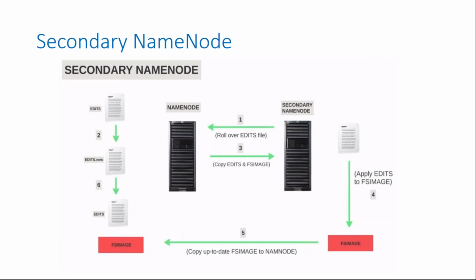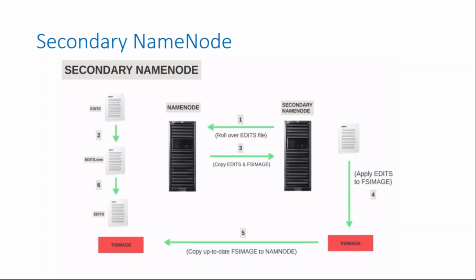But what it normally does is request this edits log, and it would already have the FS image with it, because it would be periodically copying it along with the edits log. So it asks for the edits log file from the name node.